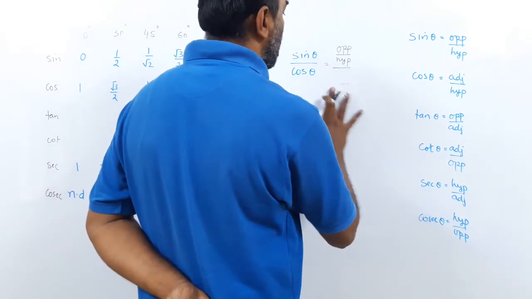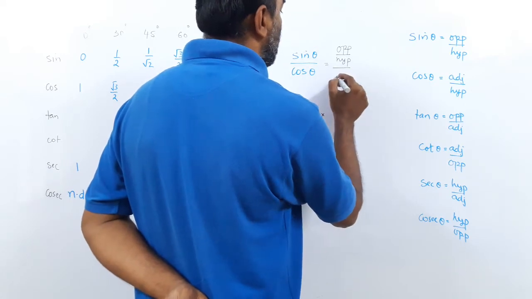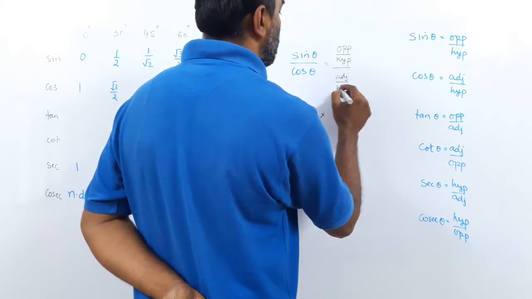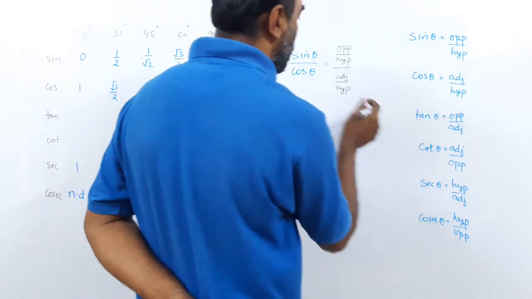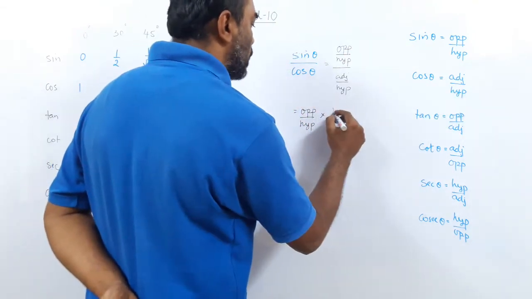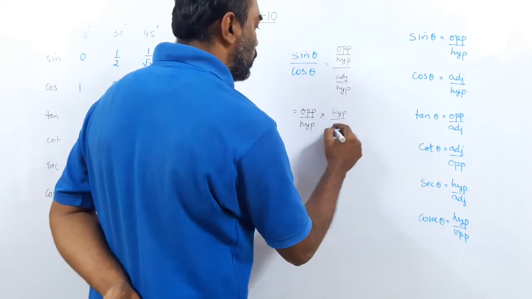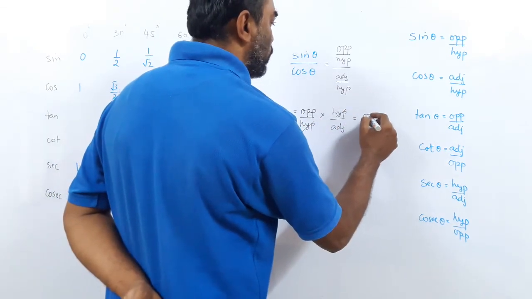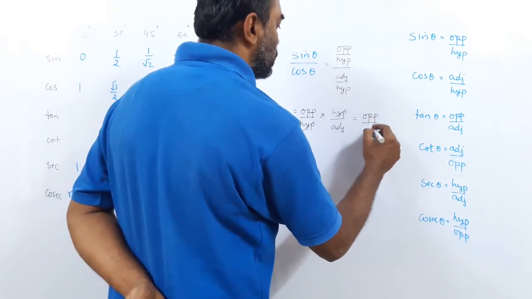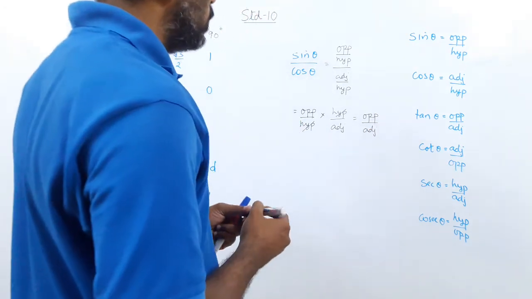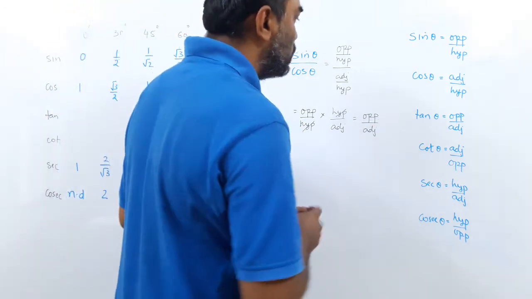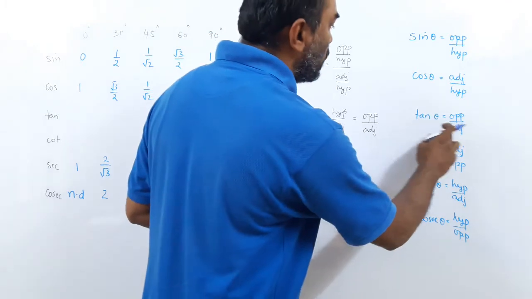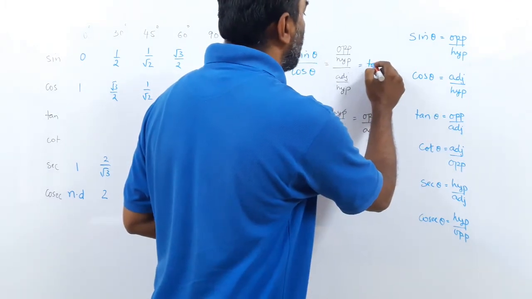Sorry, cos theta is not hypotenuse upon adjacent, it is adjacent upon hypotenuse. Sorry for the mistake. So I get opposite upon hypotenuse, and the denominator goes up, becoming the reciprocal: hypotenuse upon adjacent. Hypotenuse gets cut, we are left with opposite upon adjacent. But what is the ratio opposite upon adjacent? It is nothing but tan theta.